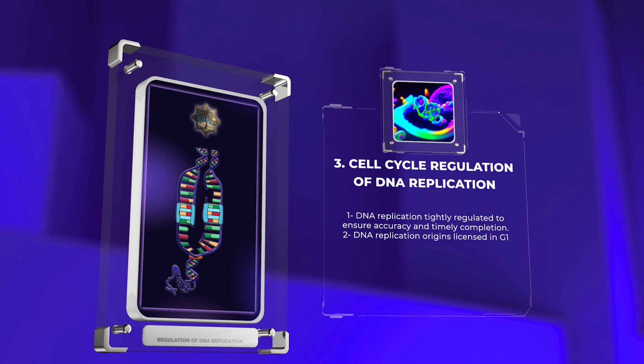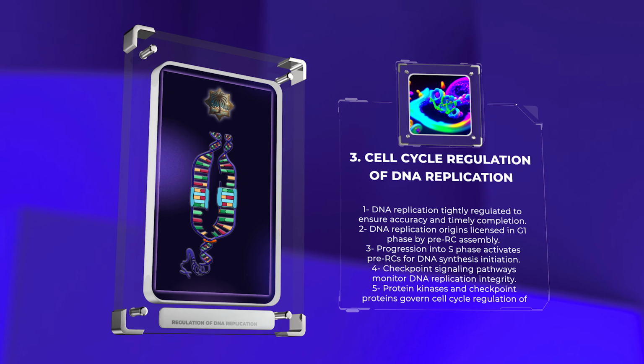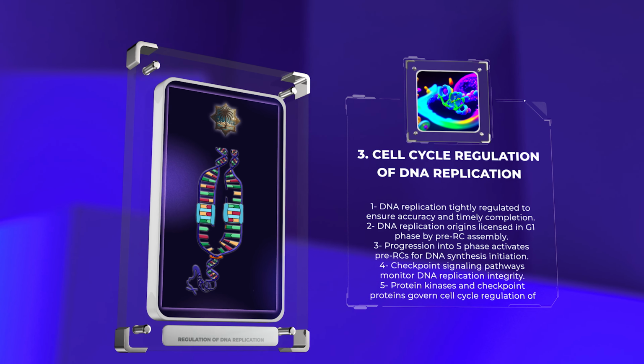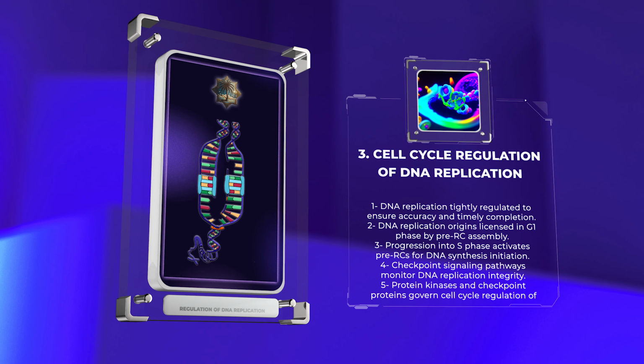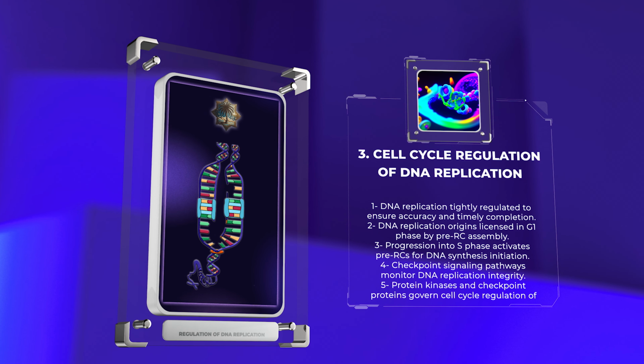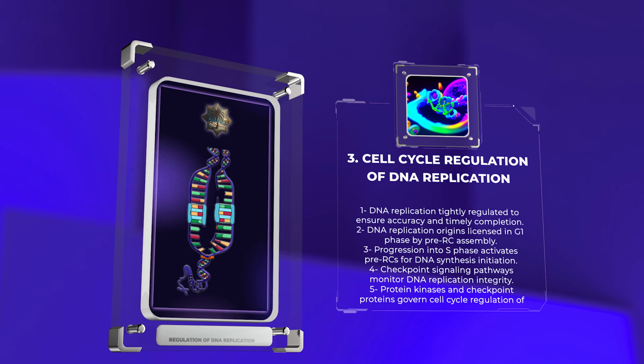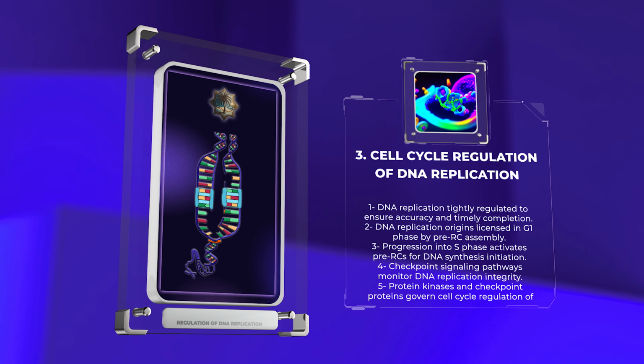The intricate interplay between initiation factors and other regulatory proteins ensures the precise and orderly initiation of DNA replication. The process of DNA replication is tightly regulated to ensure its accurate and timely completion. Cells have evolved exquisite mechanisms to synchronize DNA replication with the cell cycle. In the G1 phase, DNA replication origins are licensed for replication by the assembly of pre-RCs. Progression into the S phase triggers the activation of pre-RCs, resulting in the initiation of DNA synthesis.